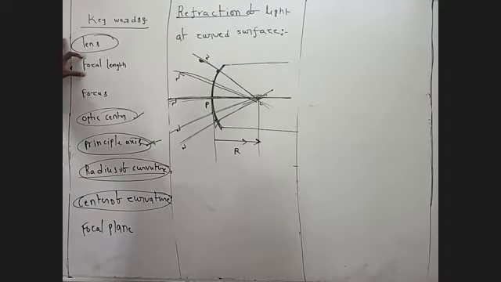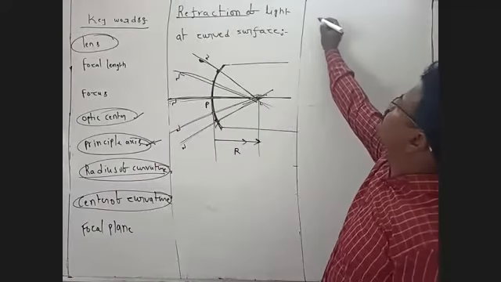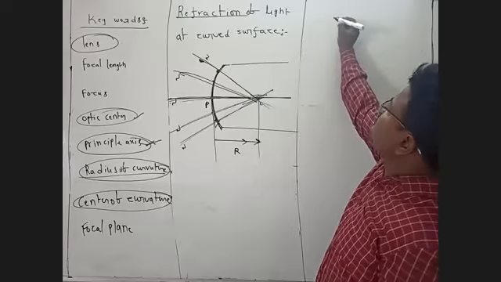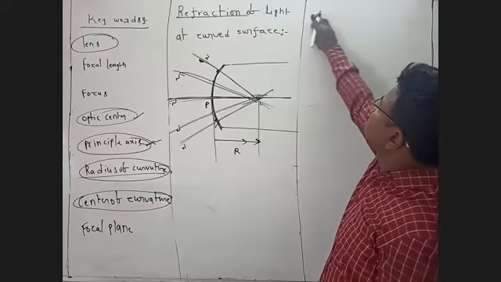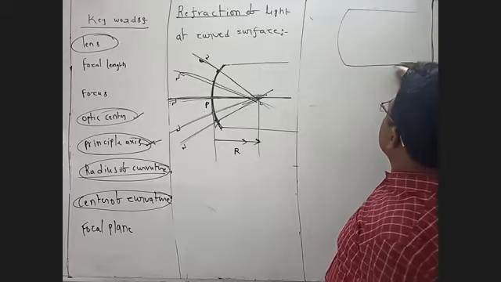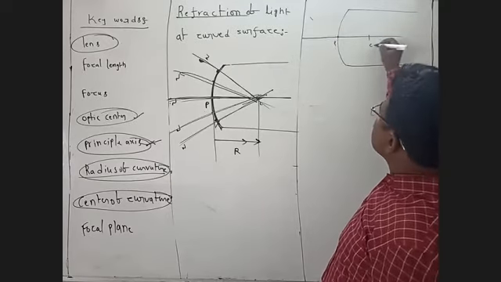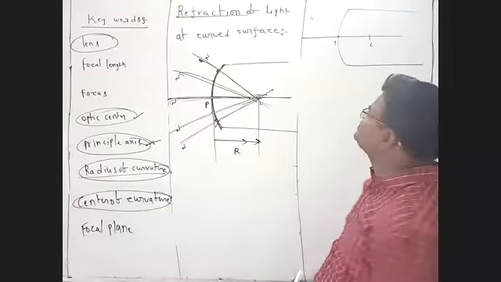So next, focal length. This is a curved surface. This is the pole and the center of curvature.